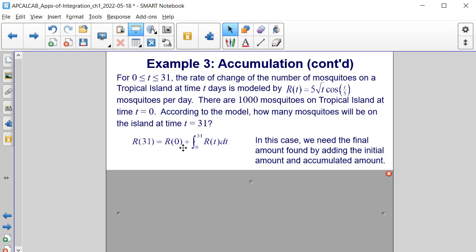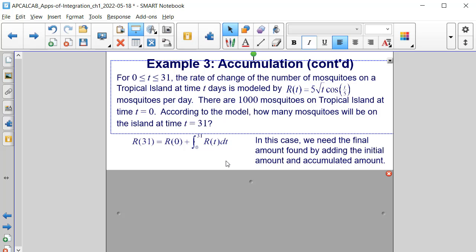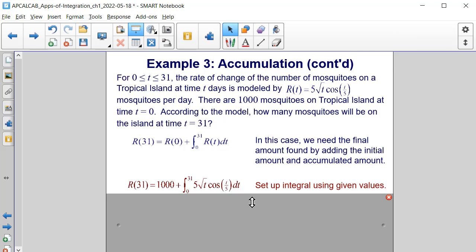The next step is to fill in the information that we know. r of 0 is 1,000, and then we can fill in this function for r of t. If we do that, we have 1,000 plus the integral from 0 to 31 of 5 times the square root of t times the cosine of t divided by 5 dt.